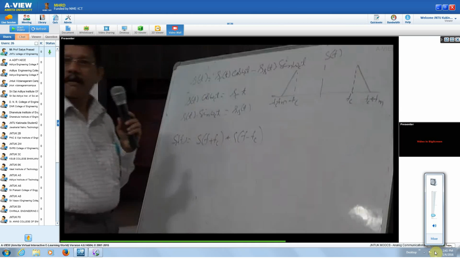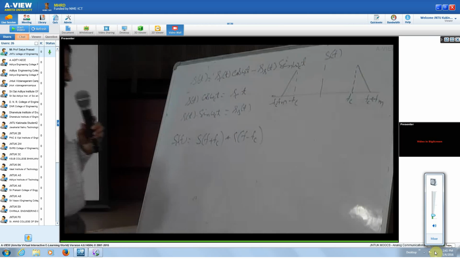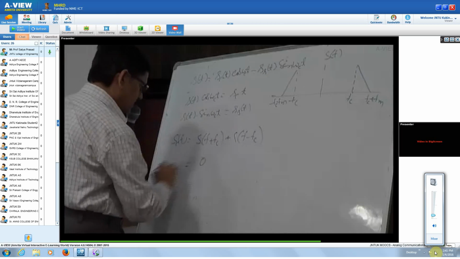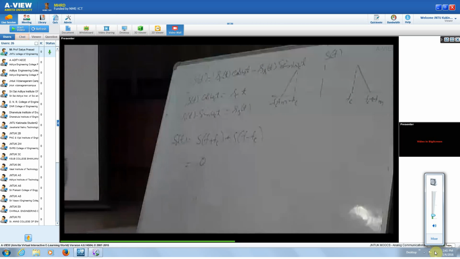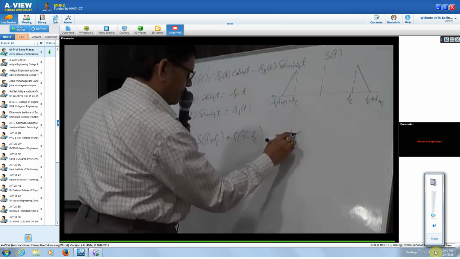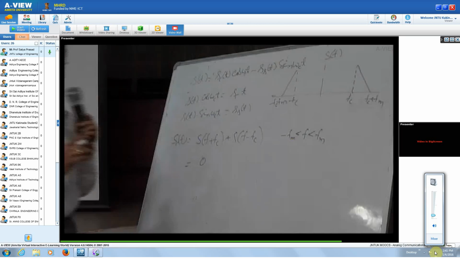Between Fc to Fc plus Fm only. Otherwise this is going to be 0. Right? So this is minus Fm less than f less than Fm.